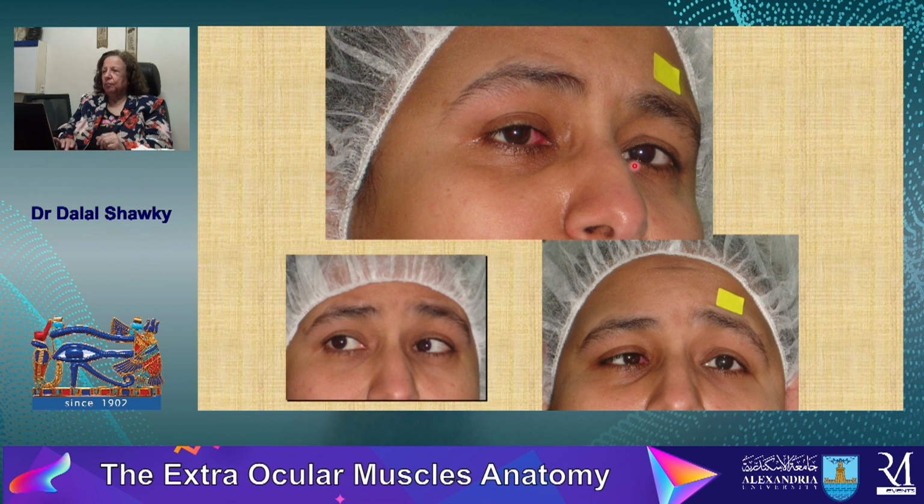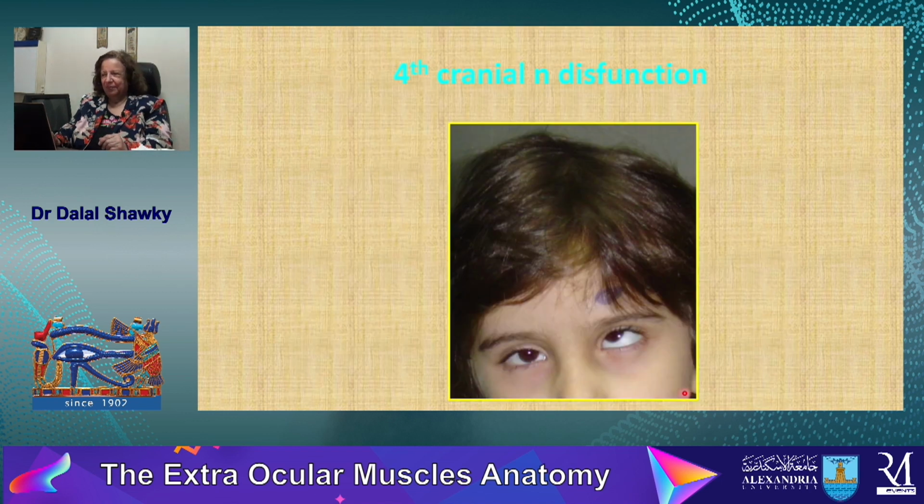Here also there is abduction deficit of the left eye. When looking to the right, both eyes are parallel, and here when looking to the left the eye couldn't abduct. This will be seen again in paralytic squint. Don't be in a hurry.